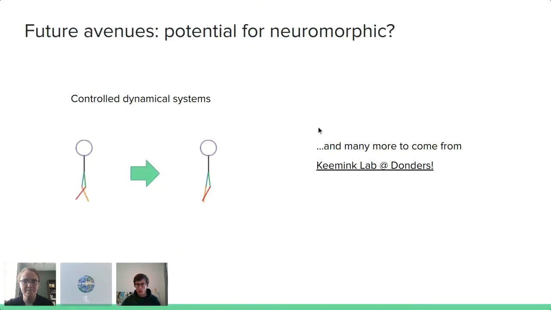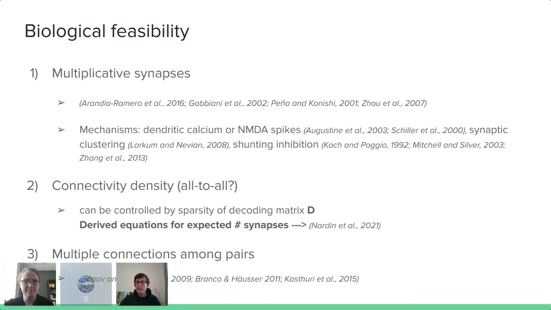Okay. So yes, there are some known mechanisms, right? For example, synaptic clustering, shunting inhibition. There are several biophysics models and also several reports, and I invite you to look at these papers. They are very nice. What I can say about the biological implementations is that essentially what we are requiring here is a very precise multiplication, right?